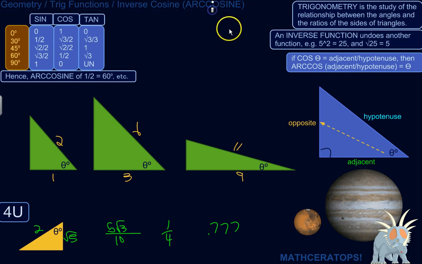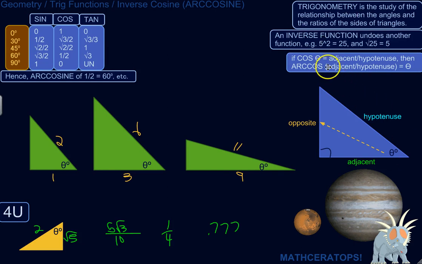But let's just review what cosine is in the first place. So we're dealing with trigonometry, and that's really just about the relationship between angles in a right triangle and the ratio of the sides with respect to that angle.